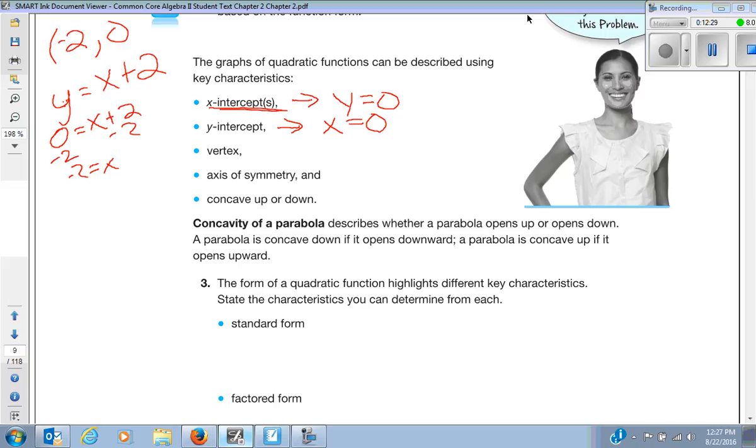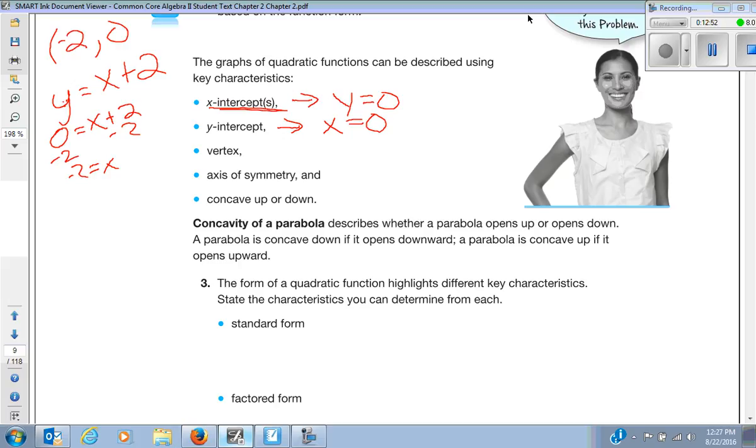Hopefully not 2, it's okay. Brain farts, they stink. We'll be all right. Then we know that my ordered pair would be 1, comma, 3. Whenever you want to know the other value, you just plug it in.